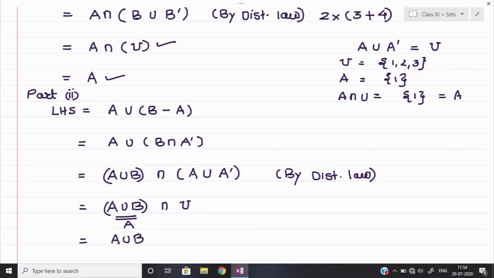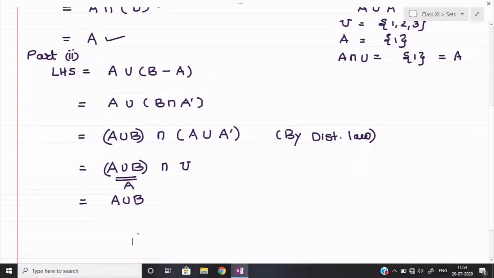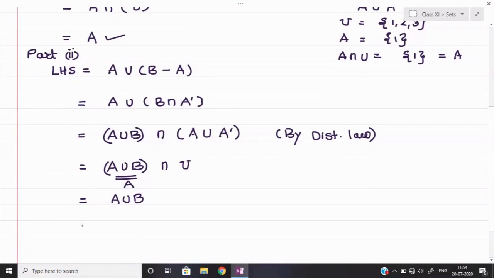So the intersection between A union B and the universal set will be equal to A union B, and this is the right hand side. This way you can prove the given question.